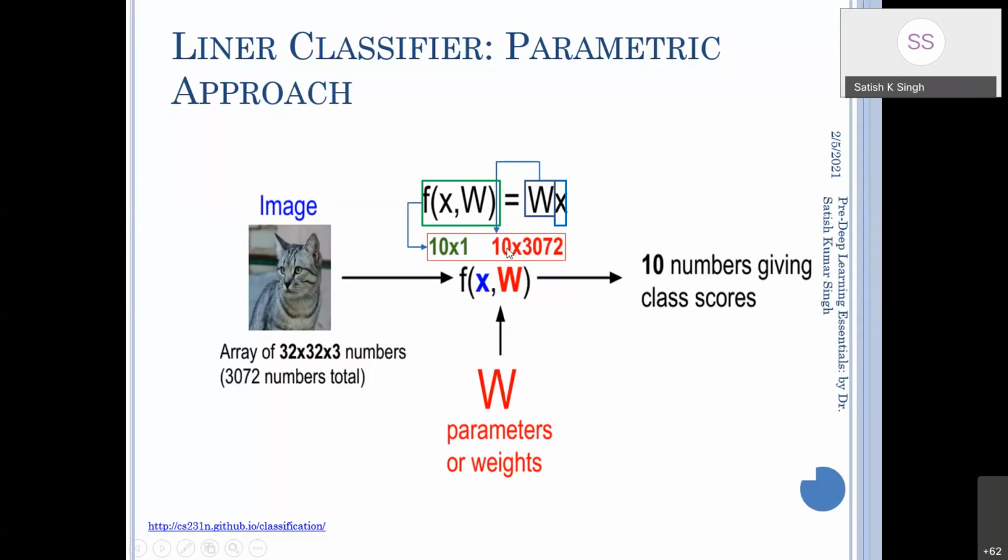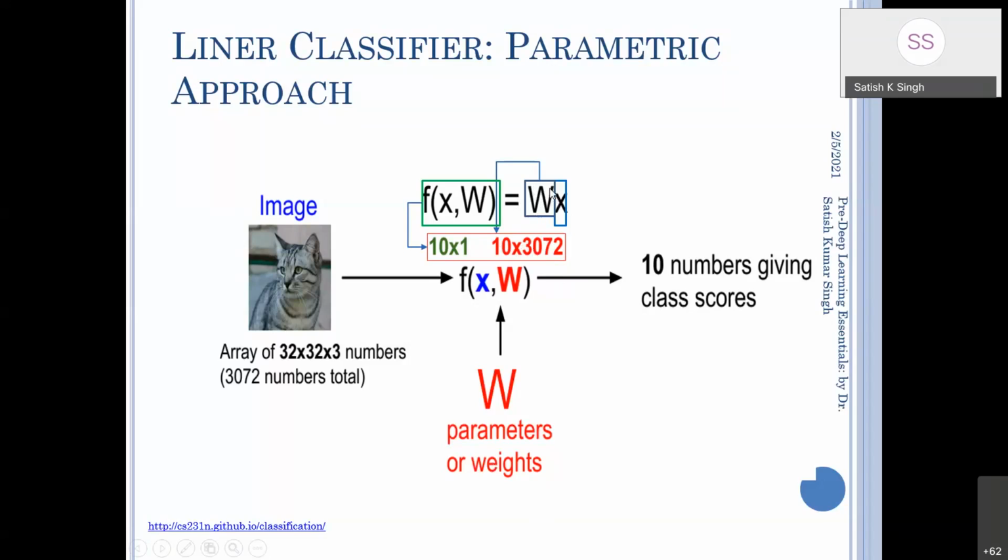So depending upon the number of classes and the number of input data points, the size of this W matrix will be defined. It means if you want to use bigger images and more classes, obviously the size of the W matrix will be very, very high. Got it?